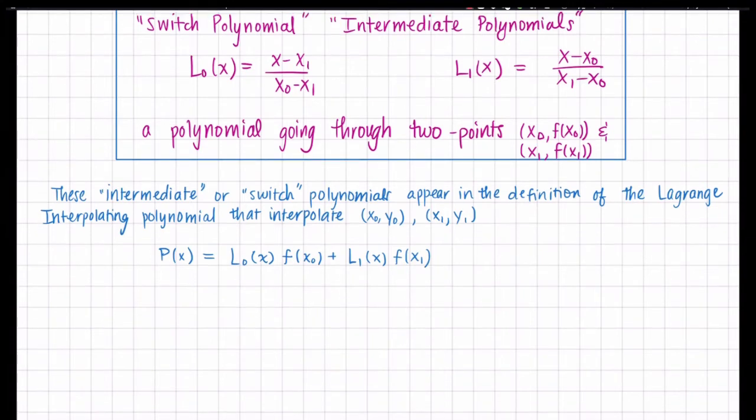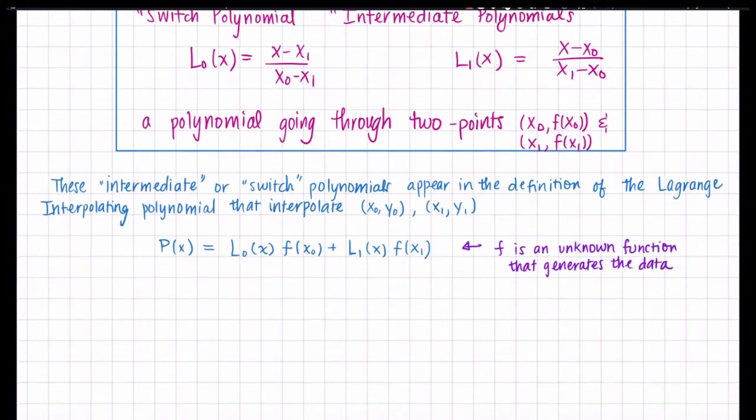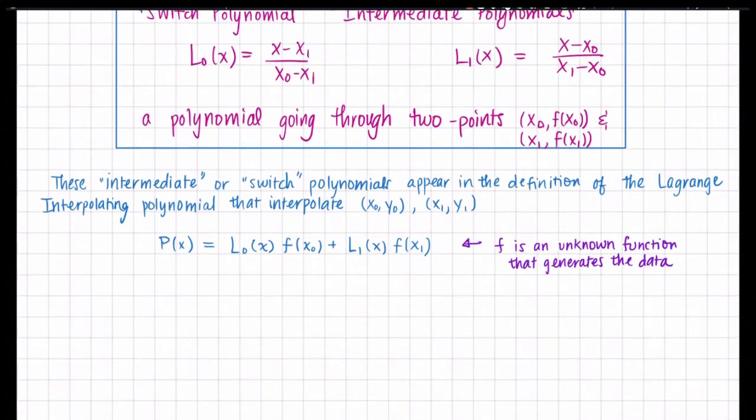Now here f is an unknown function that generates the data, but discovering the function f precisely might not be possible. So instead, we approximate f with the Lagrange interpolating polynomial. In the case of 2 data points, this is the best we can do.